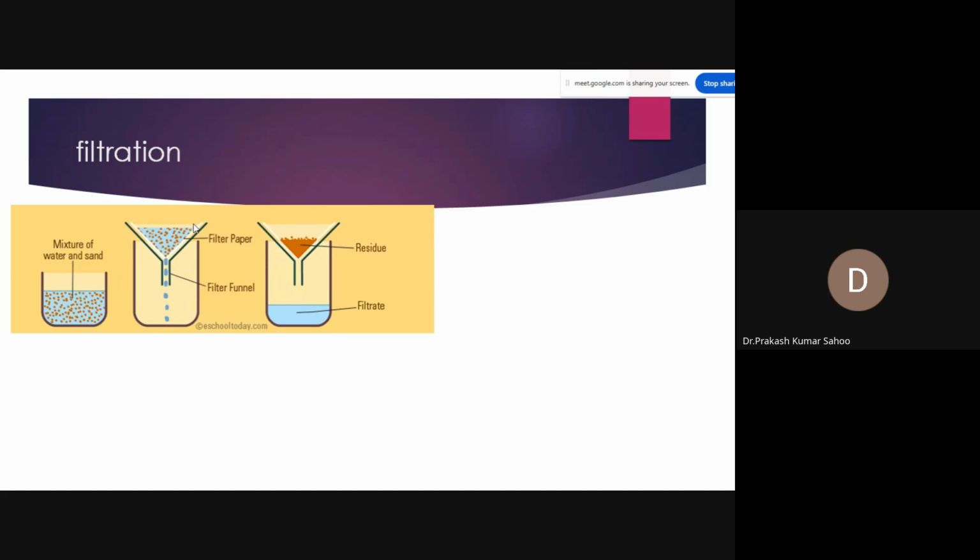Then the water gets separated from the sand, and the sand is deposited as a residue on the filter paper, and the water gets separated from the heterogeneous mixture as the filtrate. So the lower part is the filtrate, and the thing that remains on the filter paper is known as the residue. So this is a common method of filtration separation.